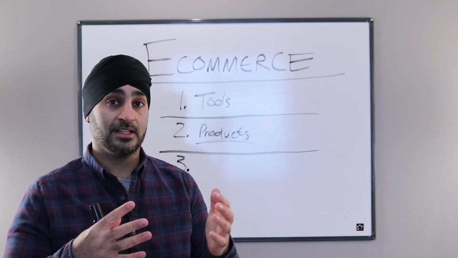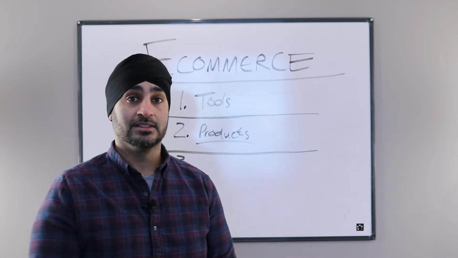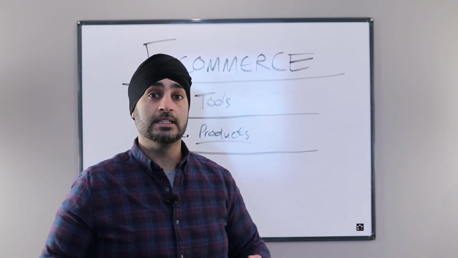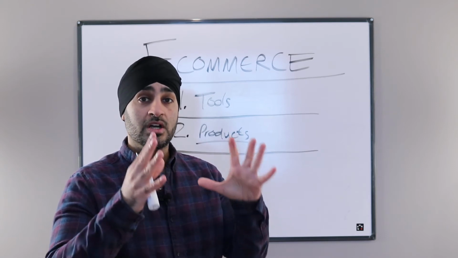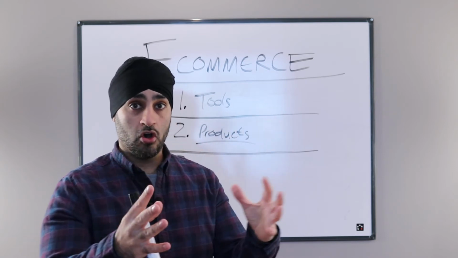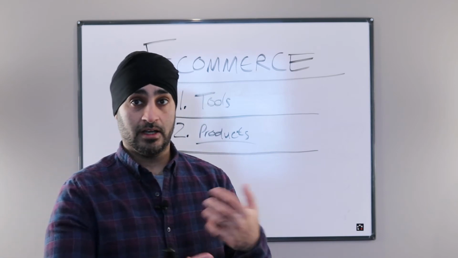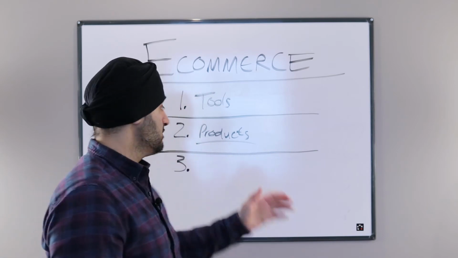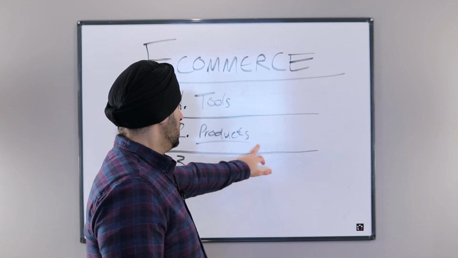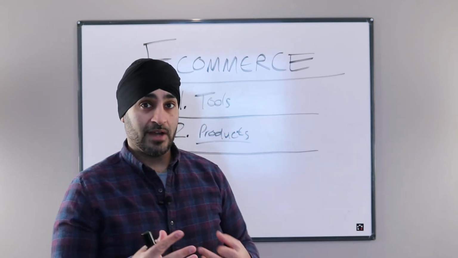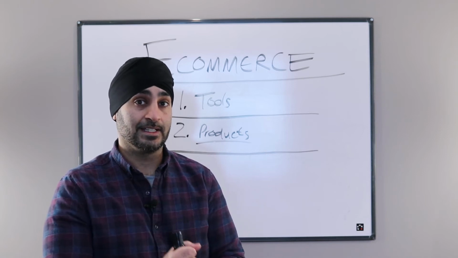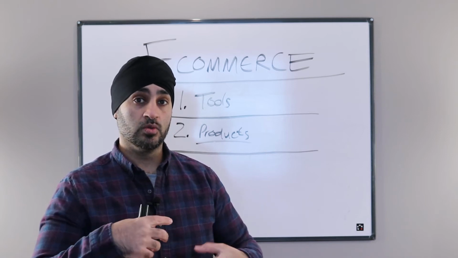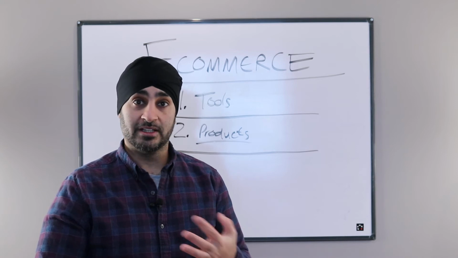So if it's car parts, or gardening tools, or whatever, then you obviously make your store around that idea or concept. But it's important to know, because when it comes to products, once you know what your store is all about and what you're going to be selling, it becomes easier to source top selling products as well.